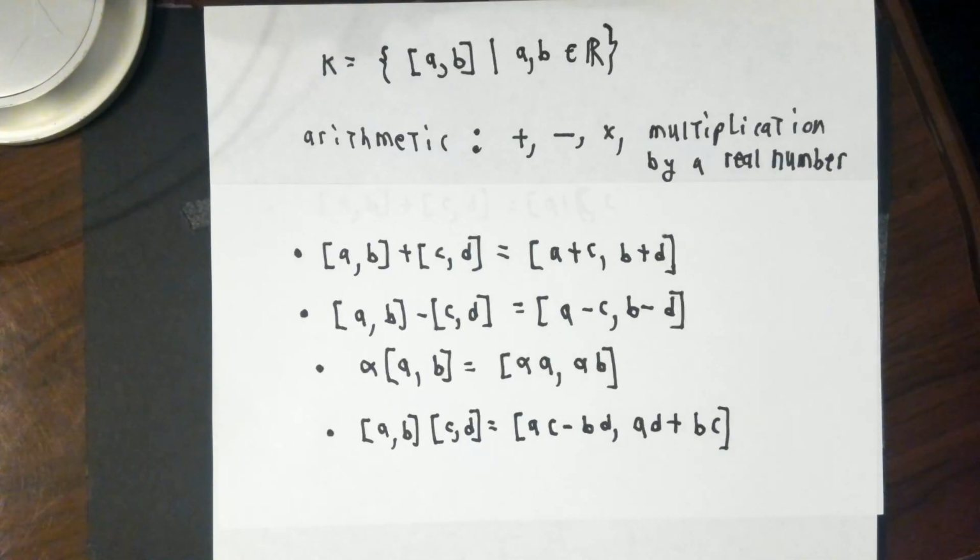At this point, it's worth mentioning that it looks very much like I'm just making stuff up out of thin air. We have to keep focused on the logic of this. K is a set of things. I'm just defining addition, subtraction, and really two different types of multiplication here.